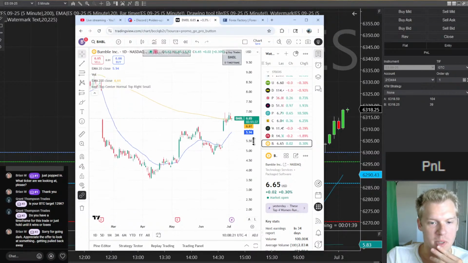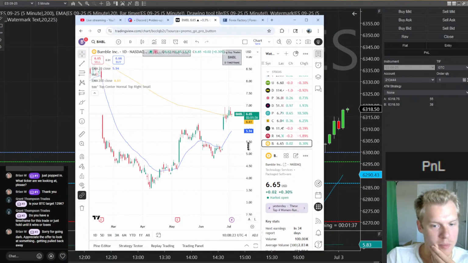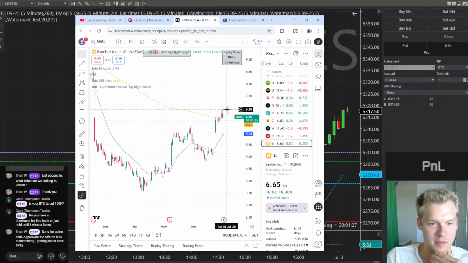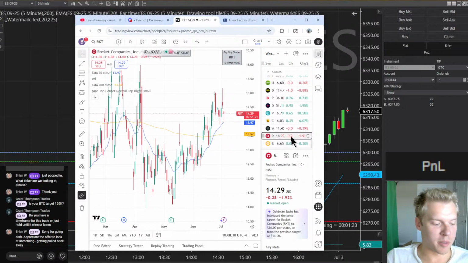I mean, same with so many of these medium cap type companies, like Bumble got down to 3.60. Now it got up to $7. Shows you the power of those buy the dip opportunities.